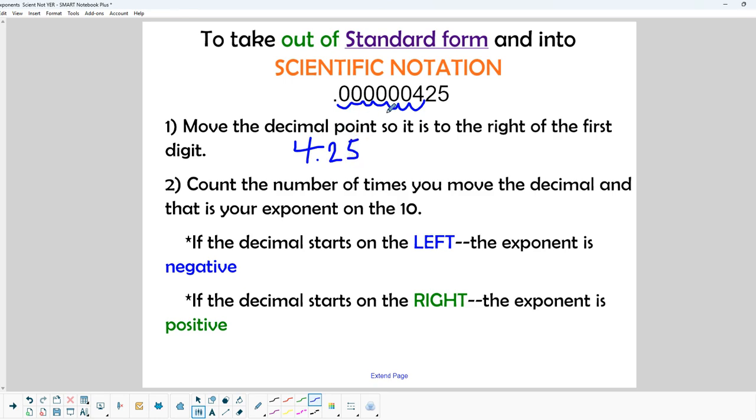Then we moved it 7 places, the decimal. So then that means we're going to multiply by 10 and have an exponent of -7. Now if the decimal starts to the right, then the exponent will be positive.